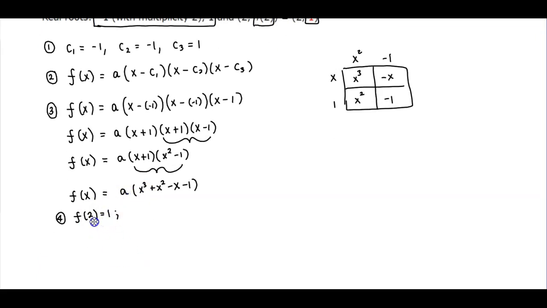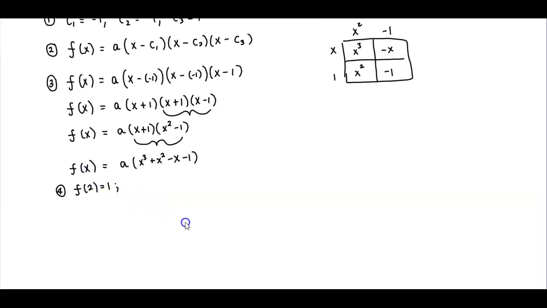So f of 2 is equal to a times (2 cubed plus 2 squared minus 2 minus 1).